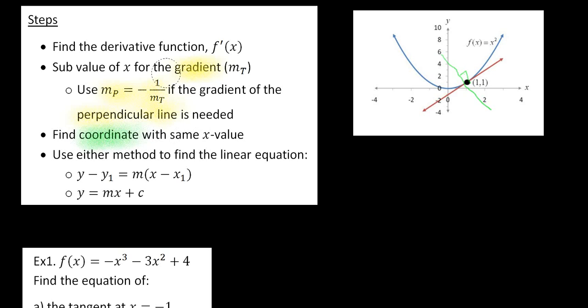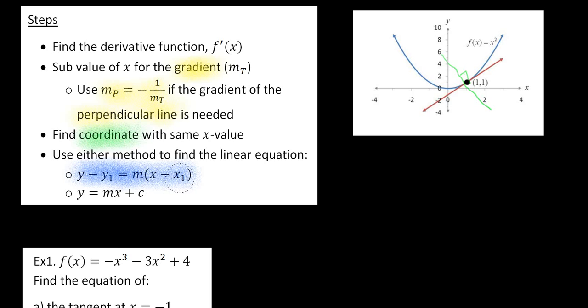So these are the two things that you need to find the equation, and after that you can put it all together using this over here. You can use two methods here. One, you can use y minus y1 equals m times x minus x1.